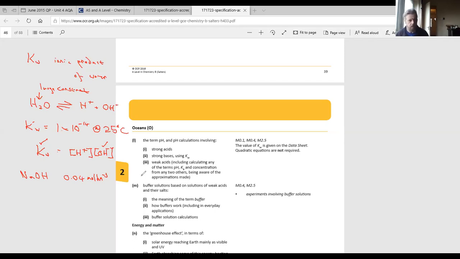On the calculator, 1.0 times 10 to the minus 14, divided by 0.04. Let's put that in brackets. It'll be 10 to the minus something. So it's 2.5 times 10 to the minus 13. Right, 2.5.